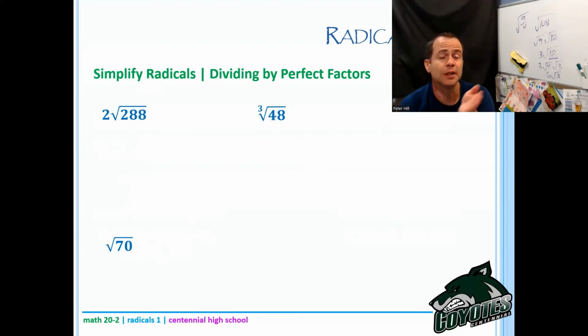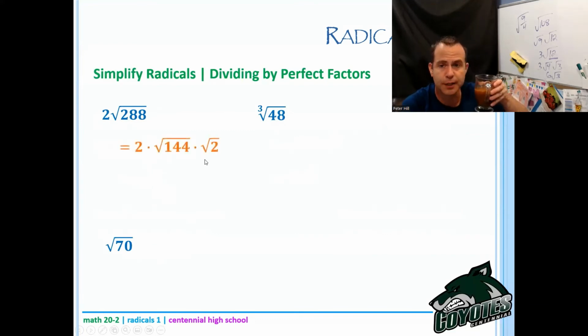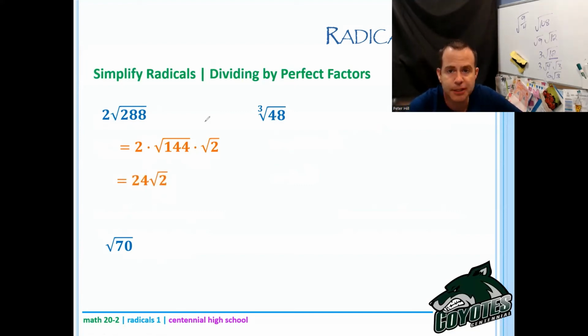You can do it in a couple of steps. Okay. So I'm going to go 2 times root 144 times root 2. Root of 144 is 12. 12 times 2 is 24. So I end up with 24 root 2. Okay. The object of our game here is we want to make this number, the radicand, as small as possible when we're simplifying. Okay, that's what simplifying means.